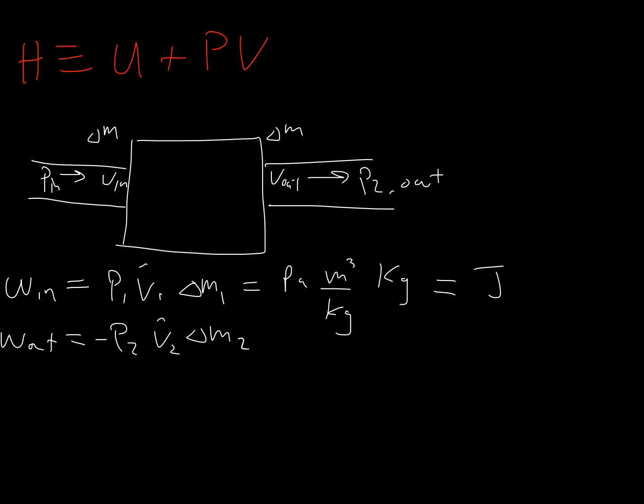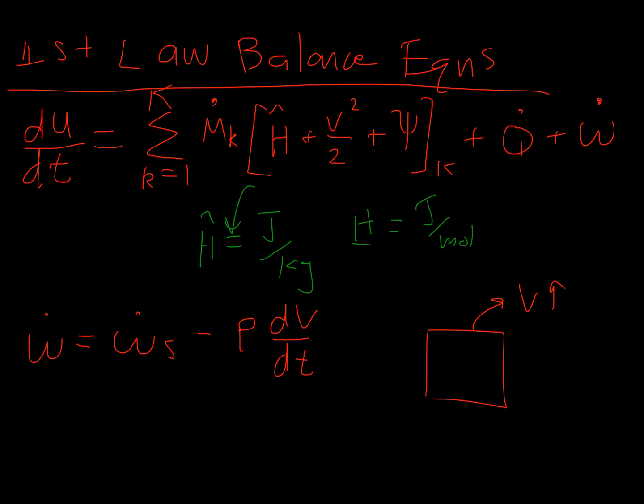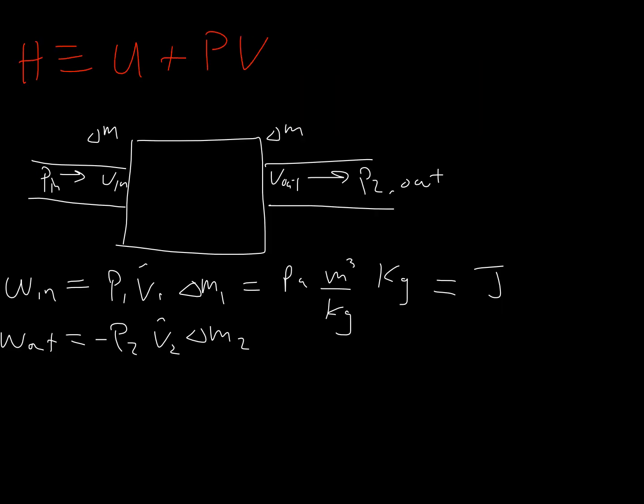If we relate this back to the expression we had previously, we want the total work going into the system from the mass flow rate streams. These don't have to be in and out, we're doing the total summation.